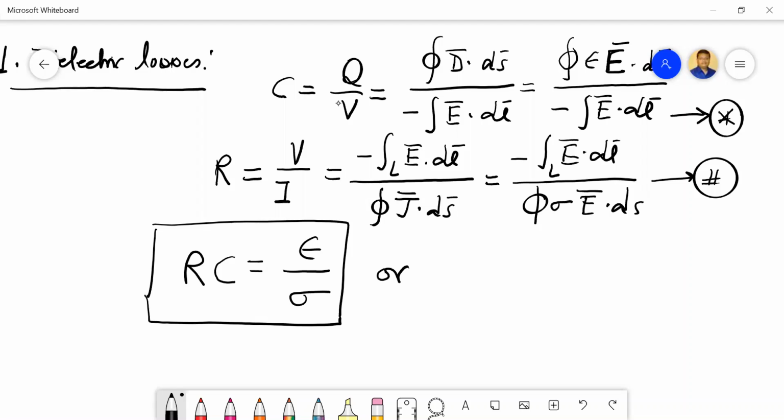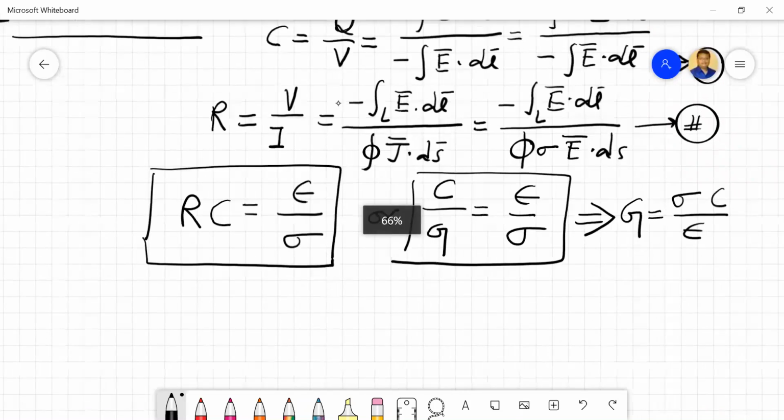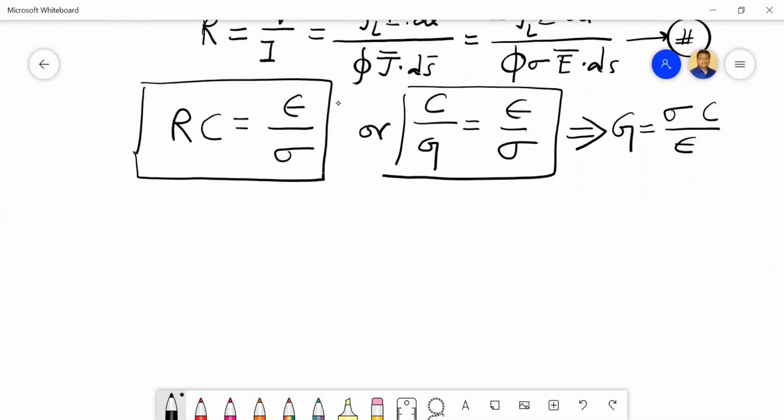Or we can also express it as C by G is equal epsilon over sigma. So we can also write G is equal sigma C over epsilon. So this is one thing. Please note it down. Now what is next actually? We know that C is equal epsilon W by d. This relation we have seen.